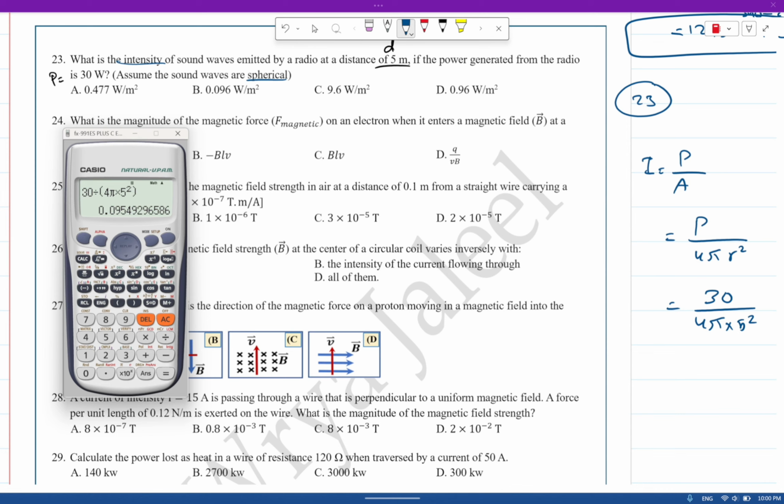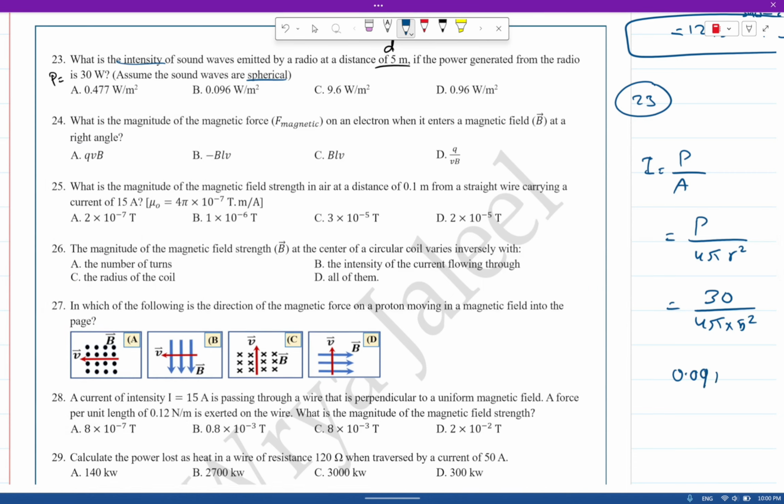We could say 0.095, because the digit after that is 4. So if we take 2 digits, it's going to stay as 0.095. So that is basically the intensity, which is watt per meter squared.